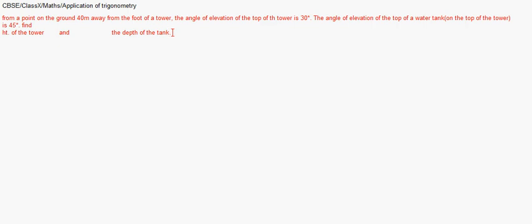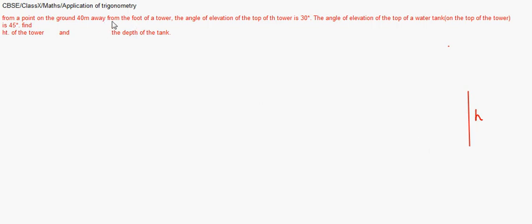Let us again try to draw the figure correctly. This is a tower. I'll not draw the tower too big, because we'll also have a tank on top of it. Suppose our tower is of height h meter.